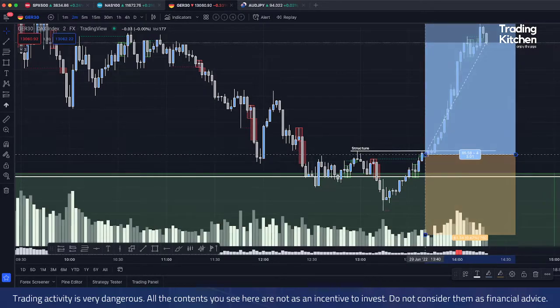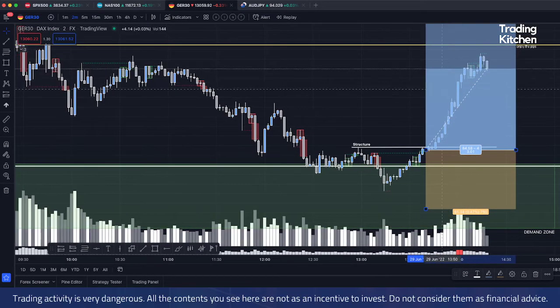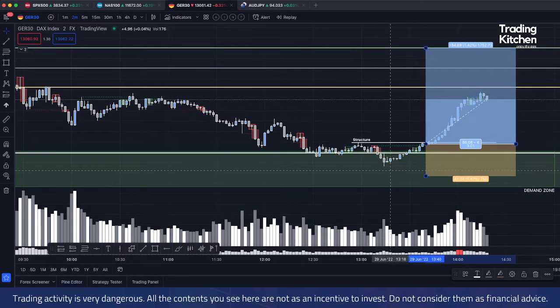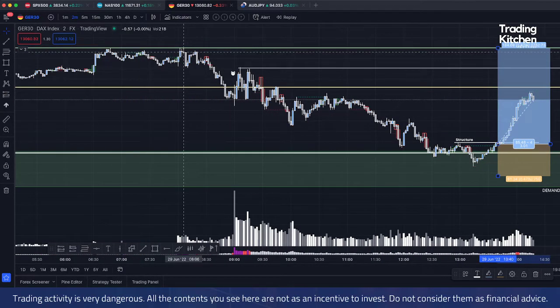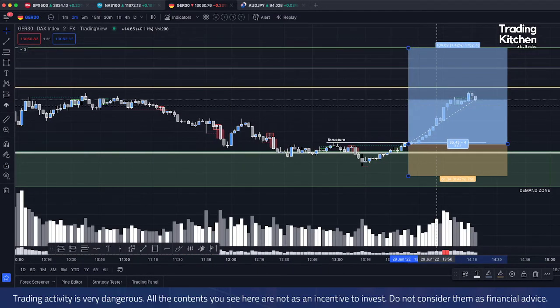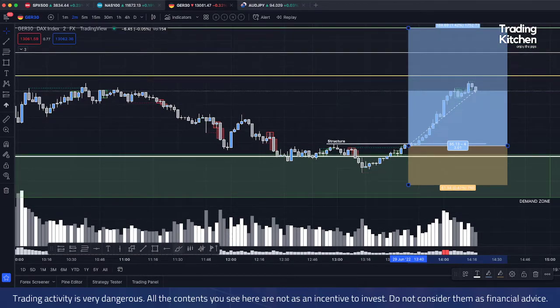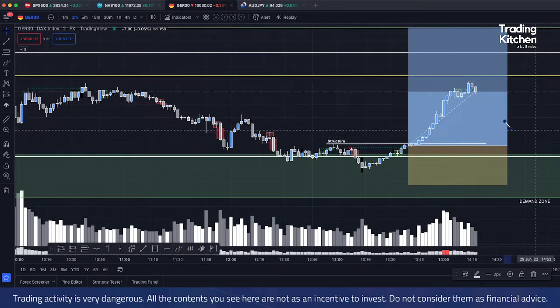Then price pushed a lot, with stop loss just a few points below the low, and target here on the Asian high. Now probably price will retest more or less here, and then go like this.